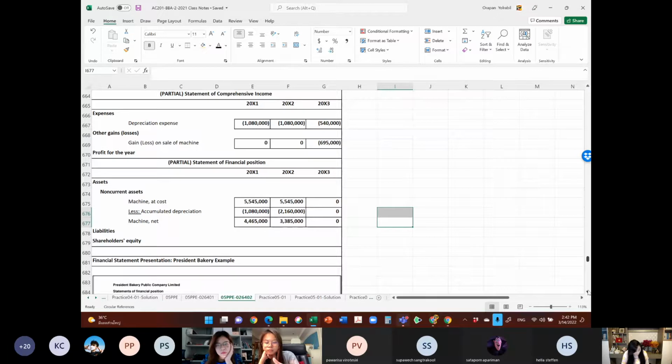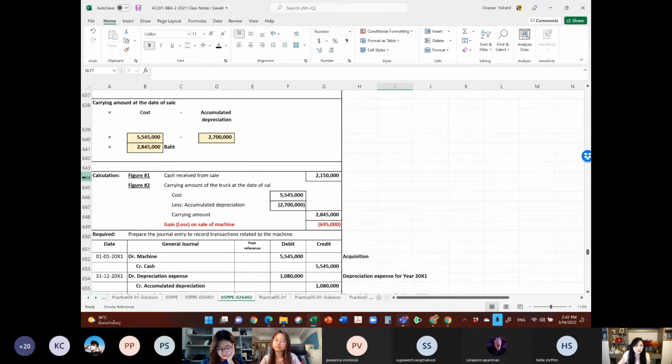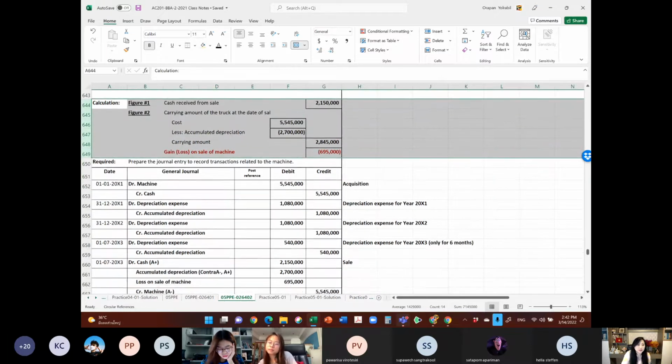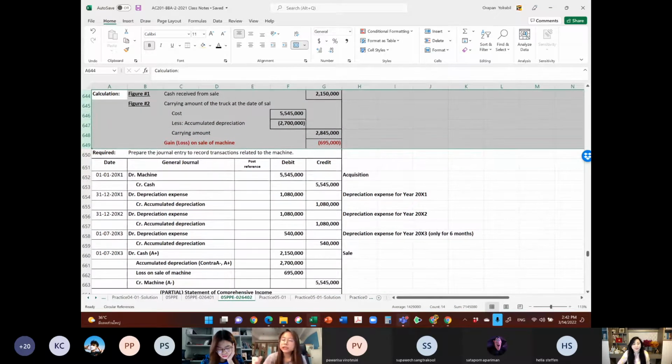So for the loss on sales, you basically subtract the cash you received from selling minus the carrying amount, right? Yes, so the calculation is here. This is the calculation. You compare figure 1 with figure 2. If figure 1 is greater than figure 2, then you have the gain. But in this situation, figure 1, which is cash received, is less than the carrying amount, so you have the loss.